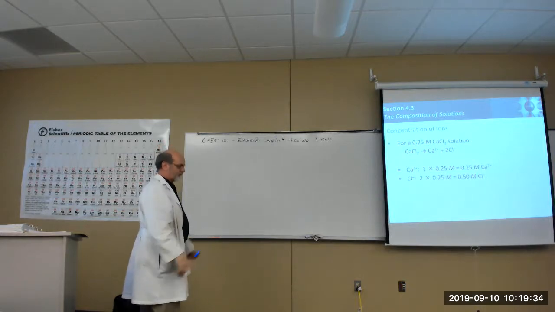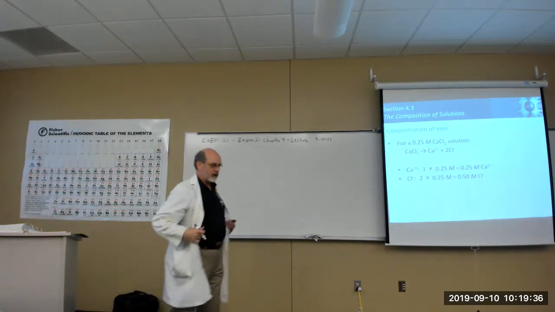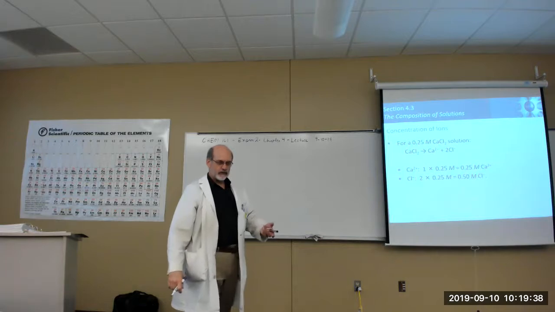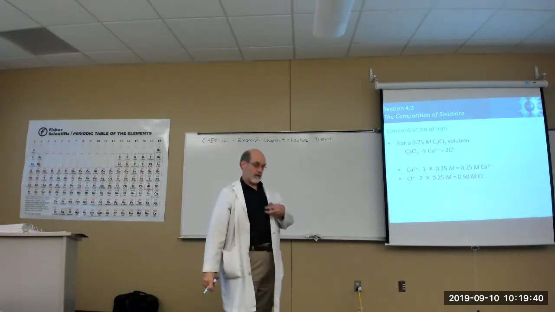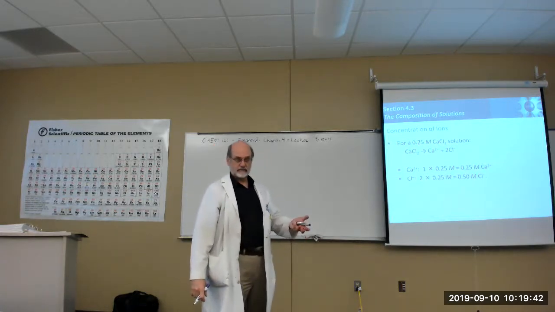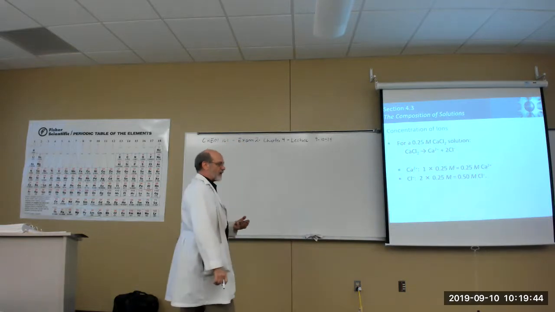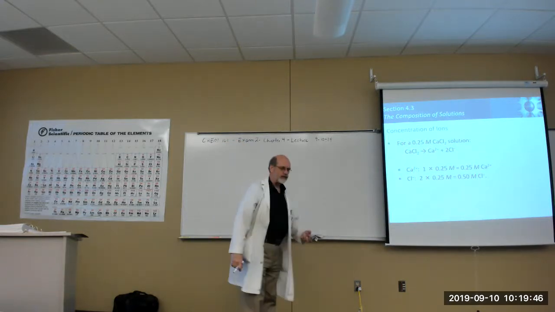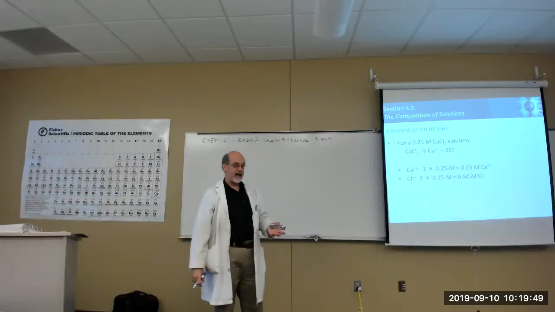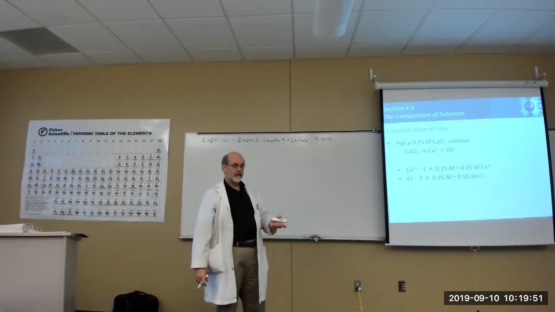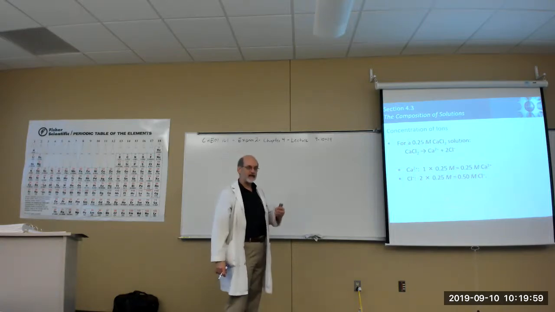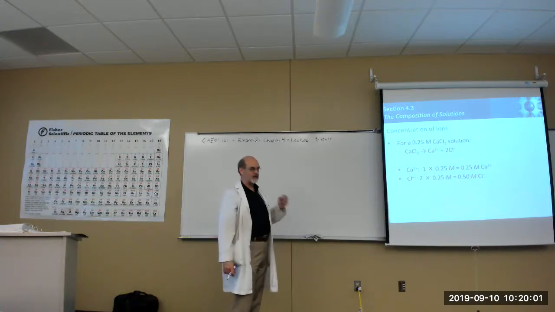Okay. Now, here's another problem that occurs in aqueous solutions with electrolytes. A compound that goes into solution, if it completely ionizes, will produce more moles of particles in solution than we would expect from the initial calculation.